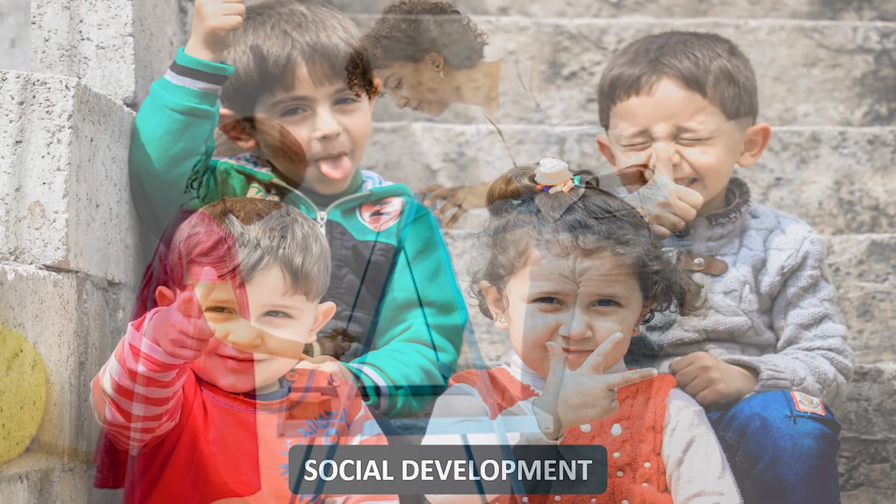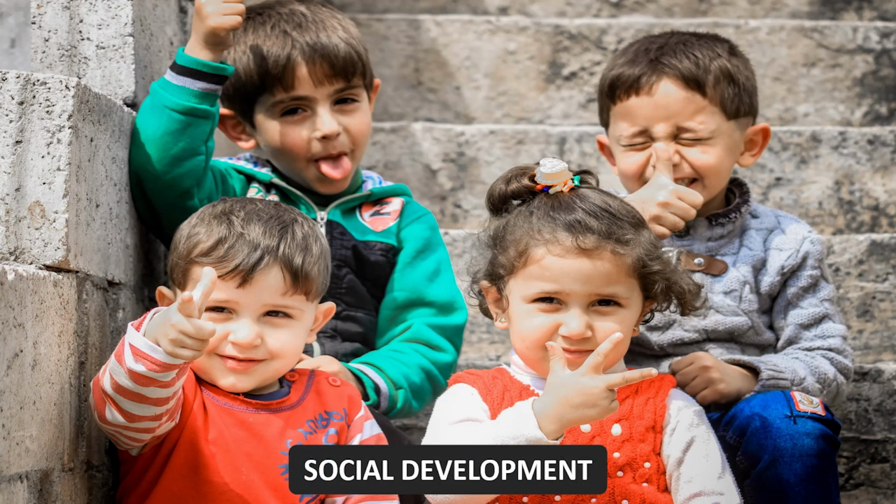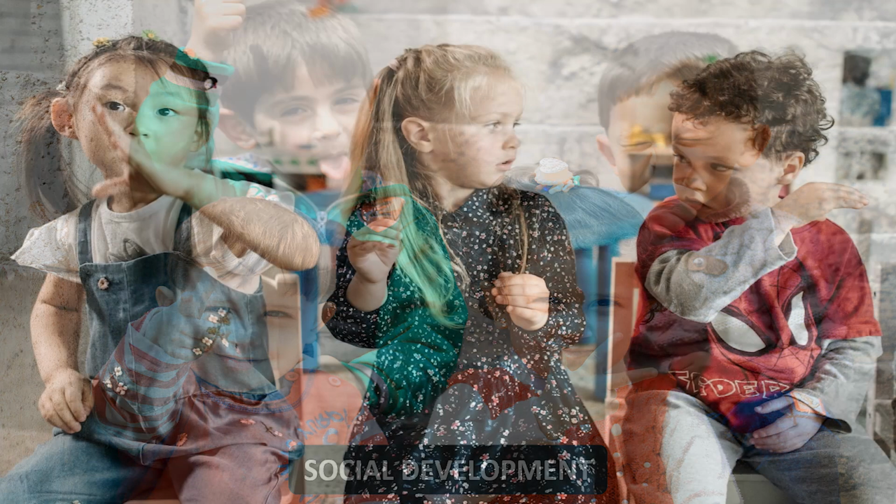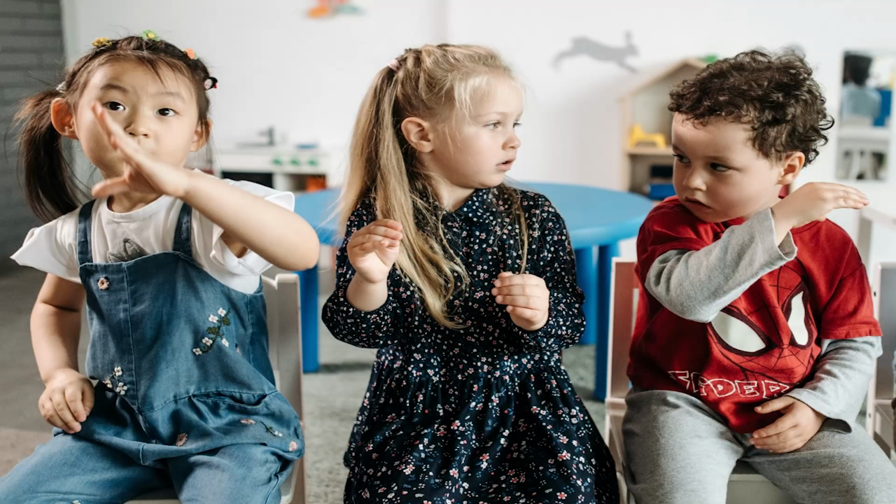Next comes social development. As we all know, social development involves how we approach others in a group, how we interact with others appropriately, and an important value to be learned, that of sharing and cooperation.